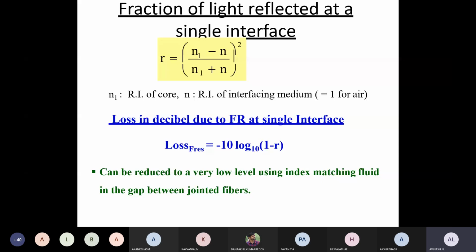Now the loss in terms of decibel due to the Fresnel reflection. FR indicates Fresnel reflection. Write down: loss in decibel due to Fresnel reflection at a single interface is given by loss Fresnel, equal to minus 10 log base 10 of (1 minus R).